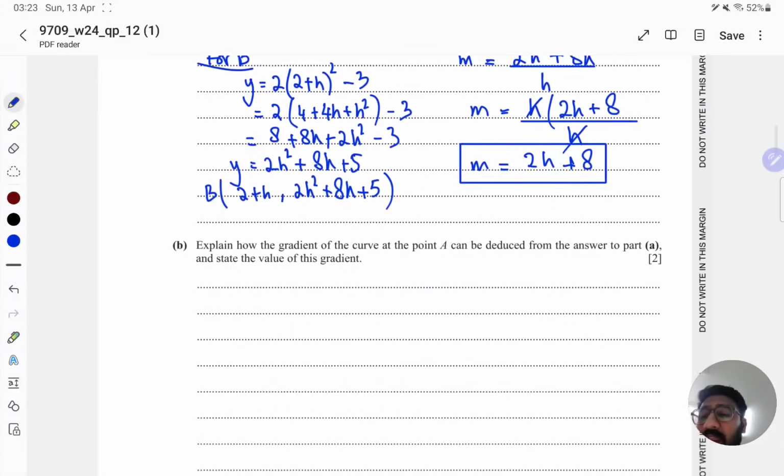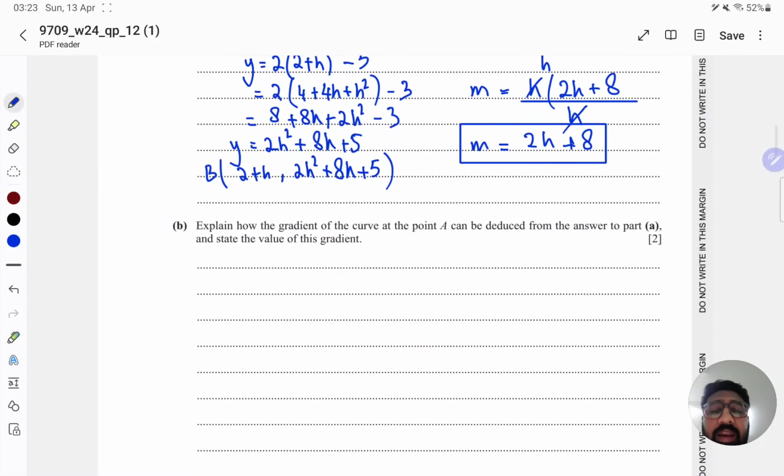Now, question number 3, part B. Explain how the gradient of the curve at the point A can be deduced from the answer to part A, and state the value of this gradient.